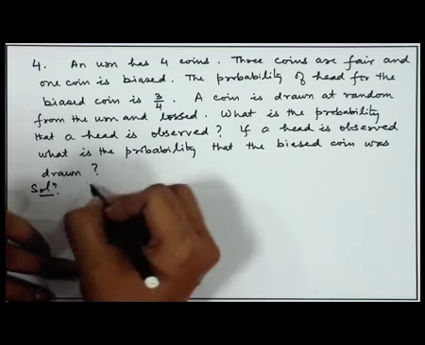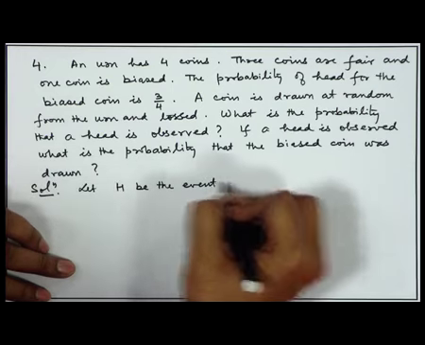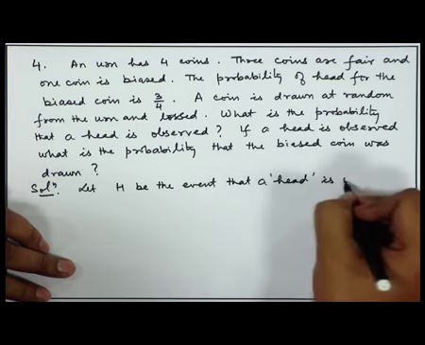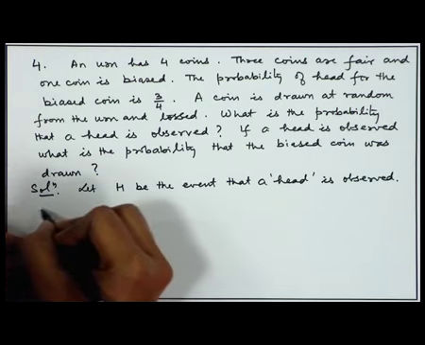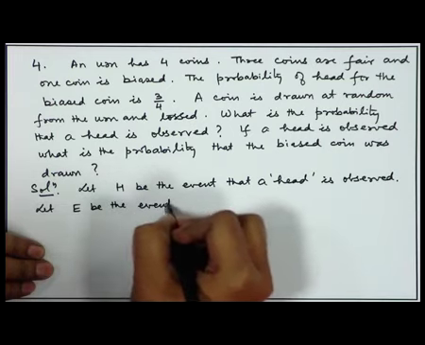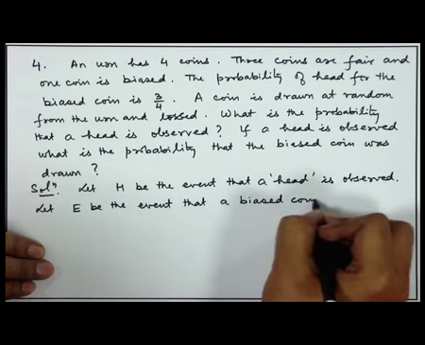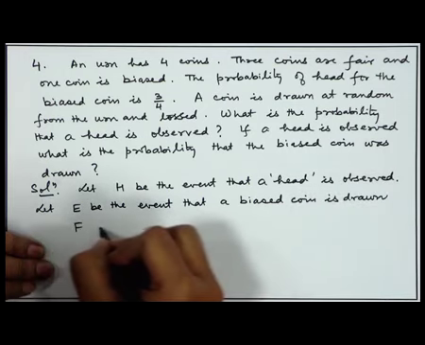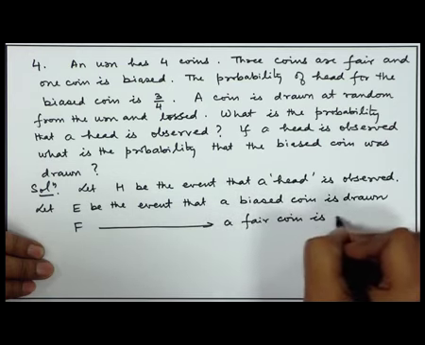So, I define some events. Let H be the event that a head is observed, and I also define events: let E be the event that a biased coin was drawn and F is the event that a fair coin is drawn.